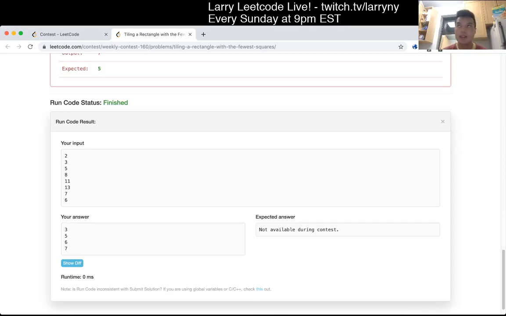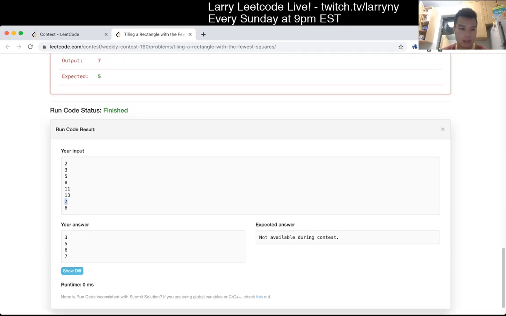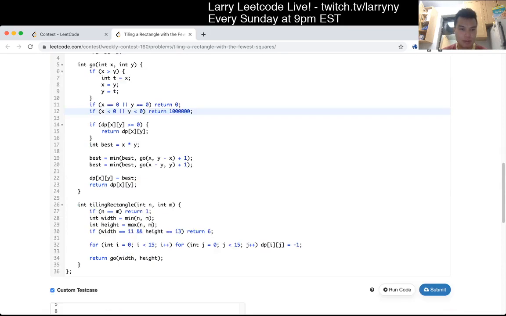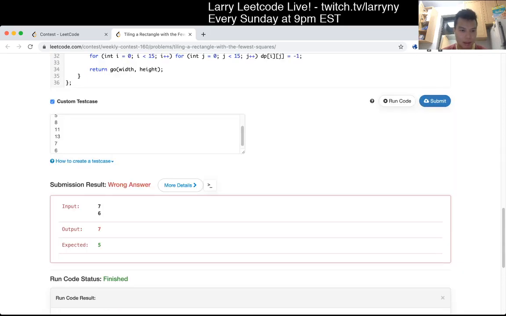That's how you get 7. How do you get 5 by 7 by 6? If I missed a case where I'm trying to squeeze in, let's say you have 4 by 4, 5 by 5, 5 by 5.